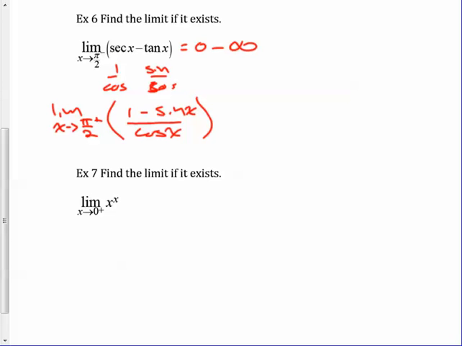And now when I plug in pi over 2, I get 1 minus 1, which is 0, over 0, which is an indeterminate form that I can use L'Hopital's rule for.